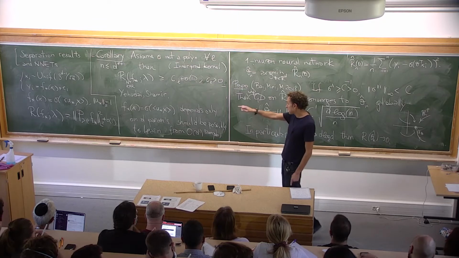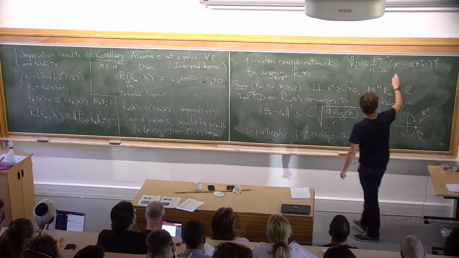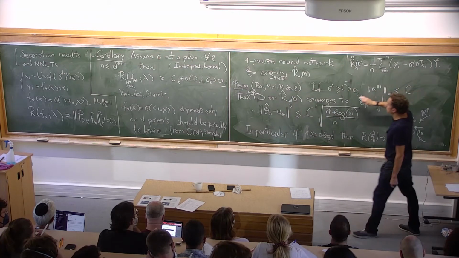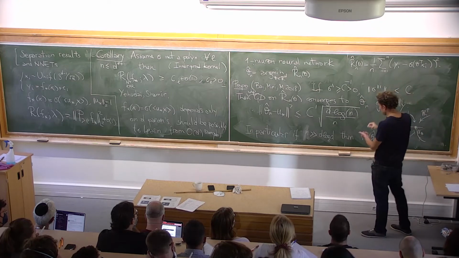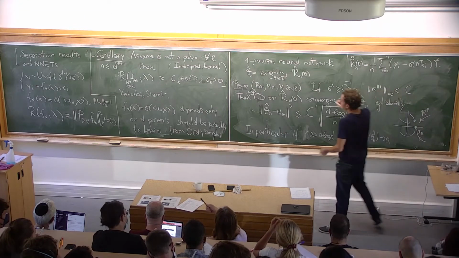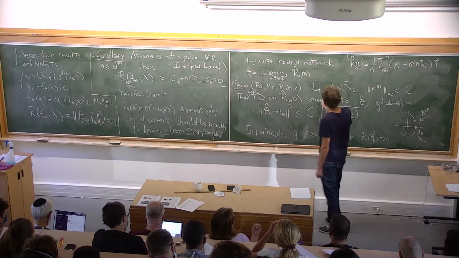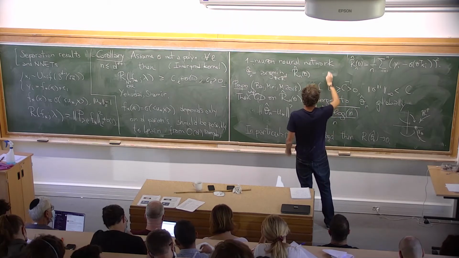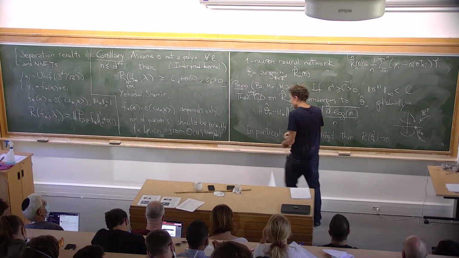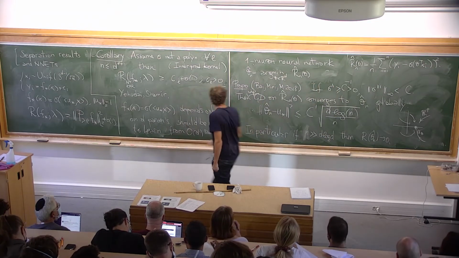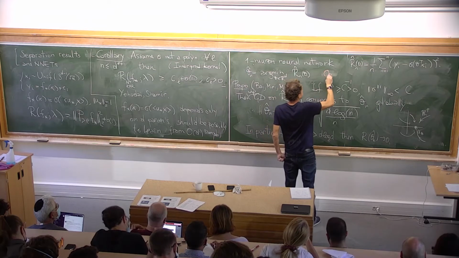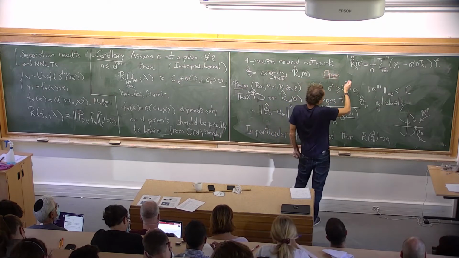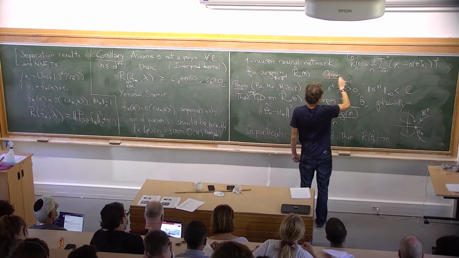If sigma is a polynomial of degree L, here we are minimizing, we have two sigmas. Say that there we have, I don't know, sine and here ReLU. So what happens? This is open. As far as I know, this form of the theorem is not known.